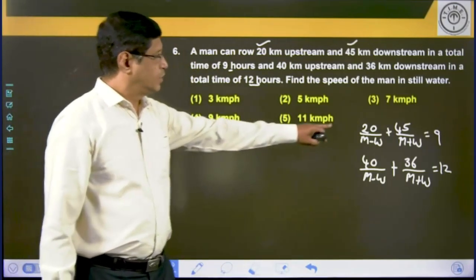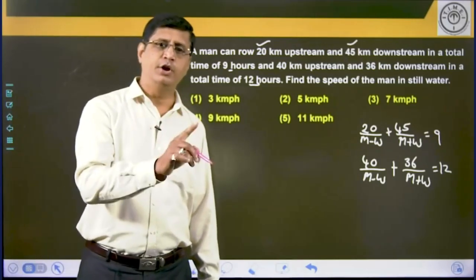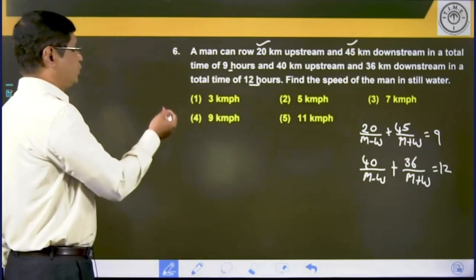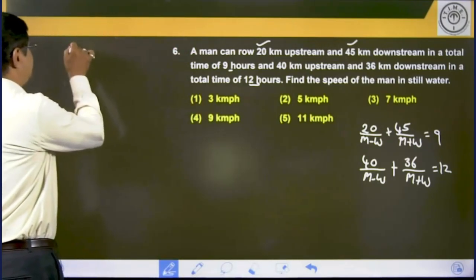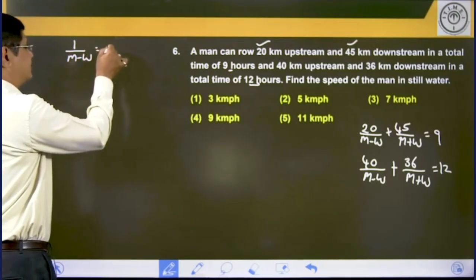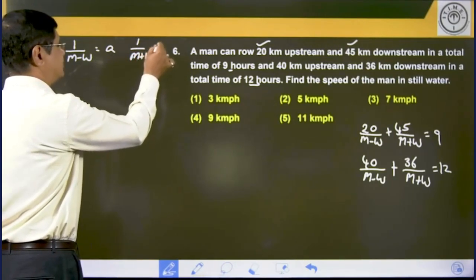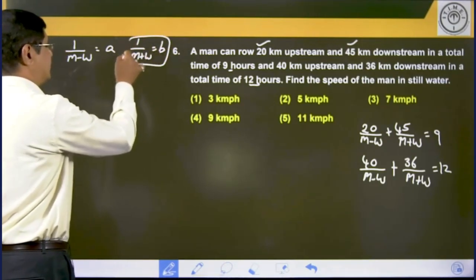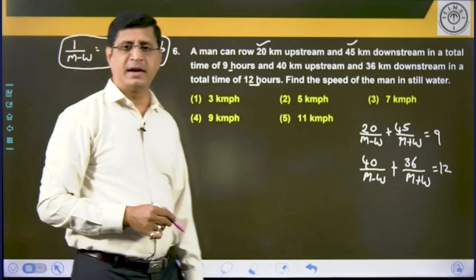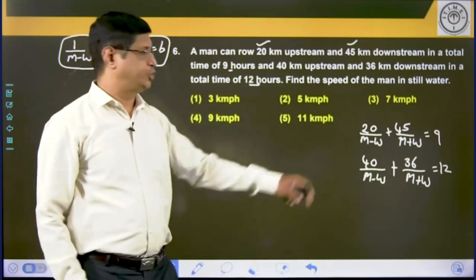Dear students, 20 by M minus W means 20 into 1 by M minus W. What I am doing here, I am taking 1 by M minus W as A and 1 by M plus W as B. Just assuming A and B as 1 by M minus W and 1 by M plus W. Substitute, simplify.